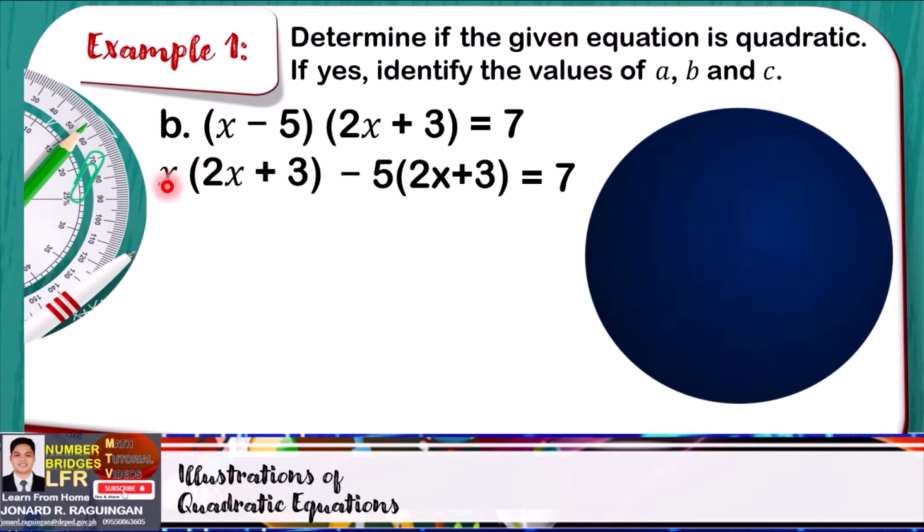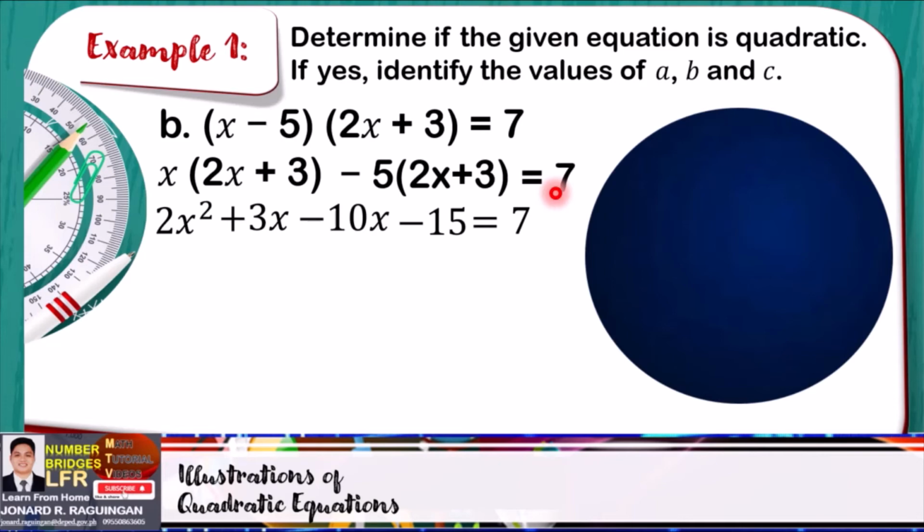We have x times 2x is 2x squared. X times positive 3 is positive 3x. Negative 5 times 2x is negative 10x. Negative 5 times positive 3 is negative 15 is equal to 7.